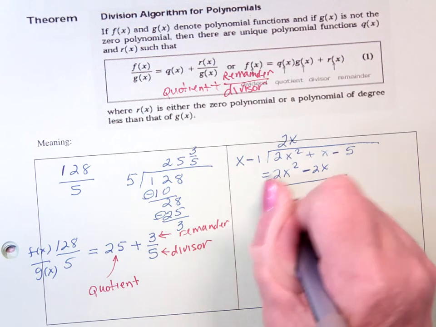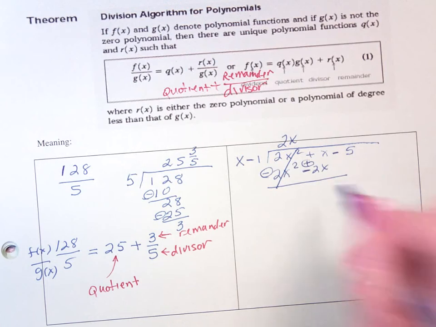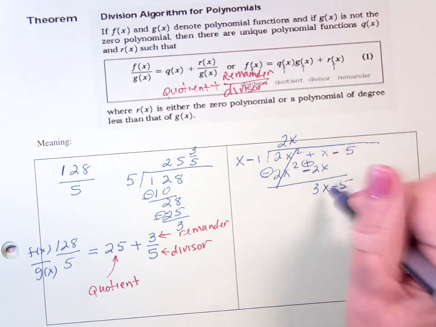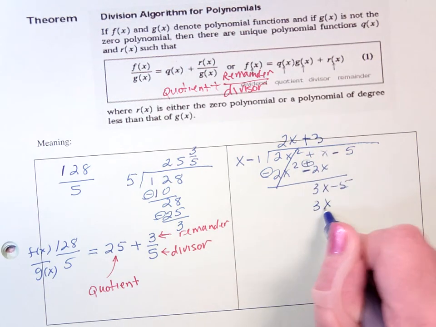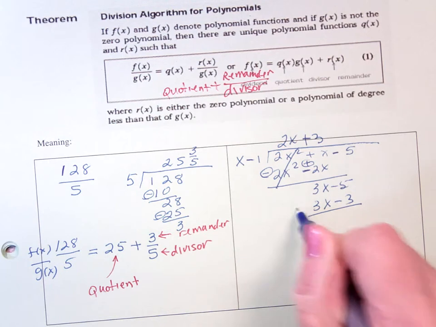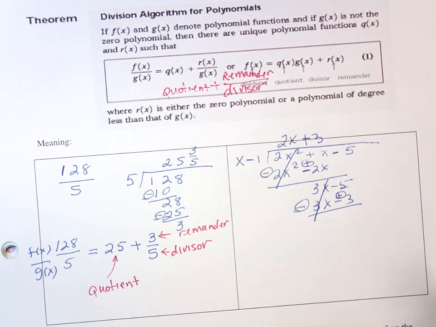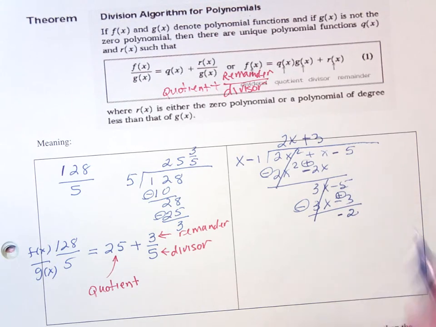And then I subtract, which changes the sign. This is 3x minus 5. What do I multiply x by to get 3x? It's plus 3. 3x minus 3, change sign. The x's go. I'm left with a negative 2 as a remainder.